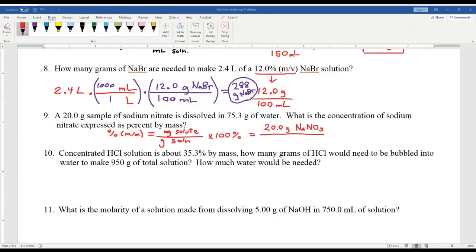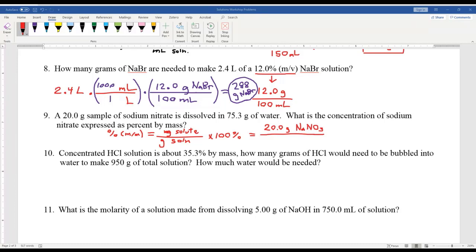See, the solution is composed of the solute and the solvent. The solution is both the solute and the solvent. It's both of them together. So if the solution is both, then we have to add the two together to get the mass of the solution.